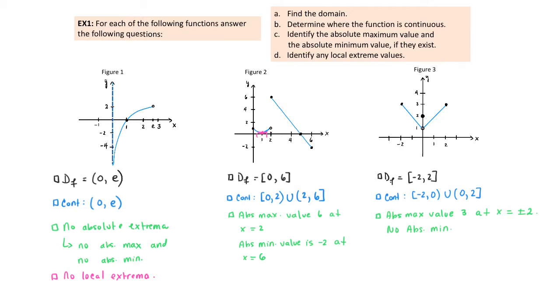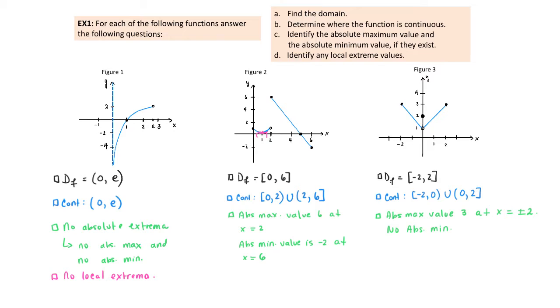Now, do I have a local maximum? Well, I don't see a mountain, but I do see a place where the function is not differentiable. And then on the right of 2, the y values reach all the way up to 6, 6 being included. And then on the left of 2, in a small neighborhood on the left of 2, I never reach anything that is bigger than 6.